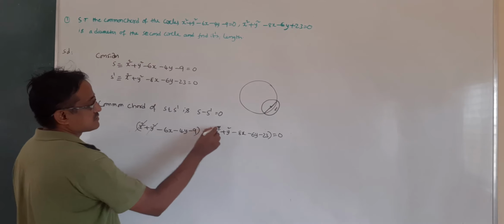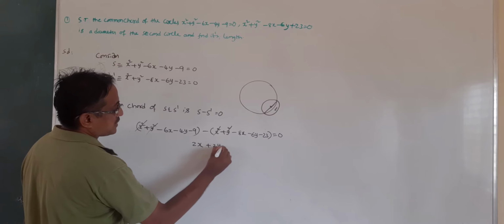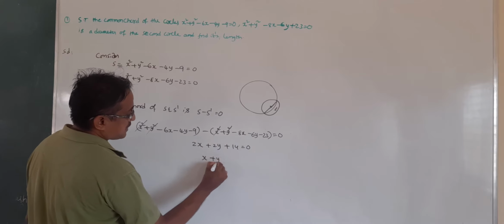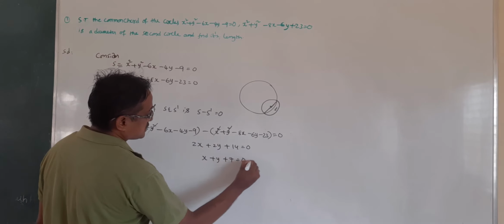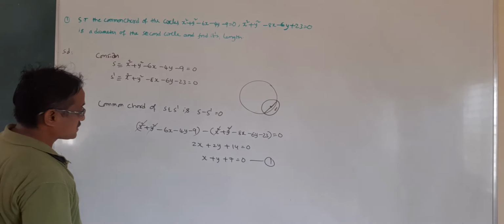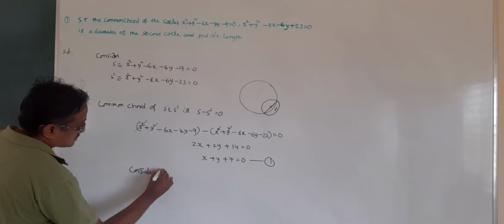X square, y square will be cancelled. So 2x plus 2y plus 14 equal to 0. x plus y plus 7 equal to 0. This is the common chord of the two circles. Let it be equation 1. Now consider the latter circle, x square.